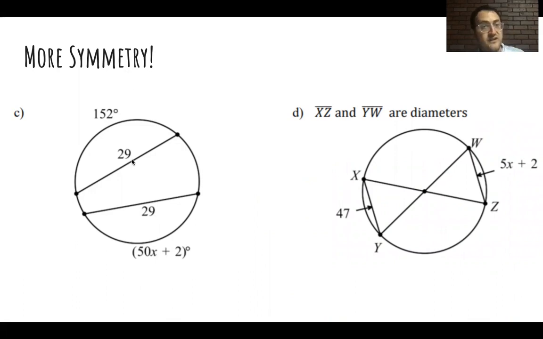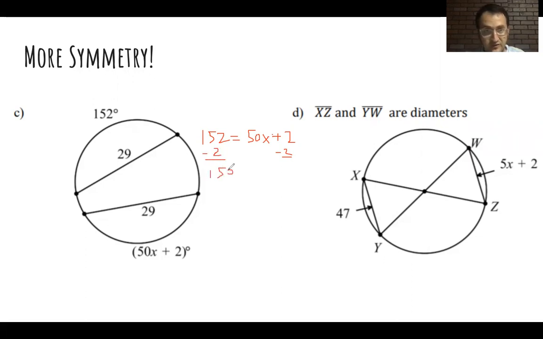So one thing that we notice here is that if these chords are congruent to each other, the arcs that would be created are also congruent. So I could say that 152 is equal to 50x plus 2. And I'm just going to subtract that, and I could solve for x.